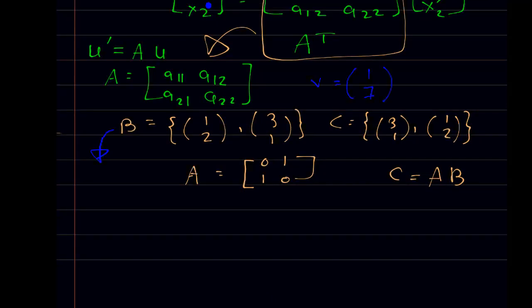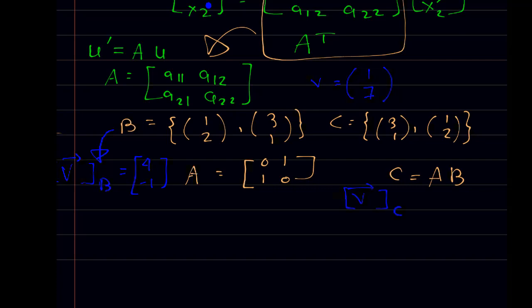Now when you wrote this vector in terms of the B basis, it turns out that the coordinates of vector V written in basis B were (4, -1). Our aim is to find the vector V when written in basis C.